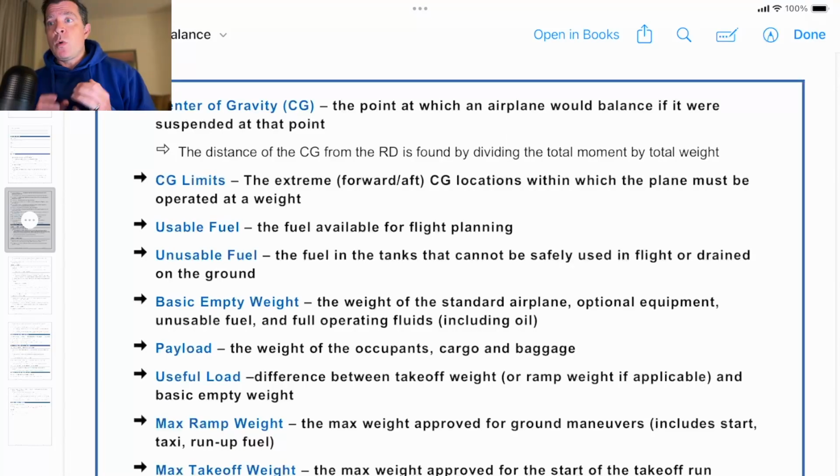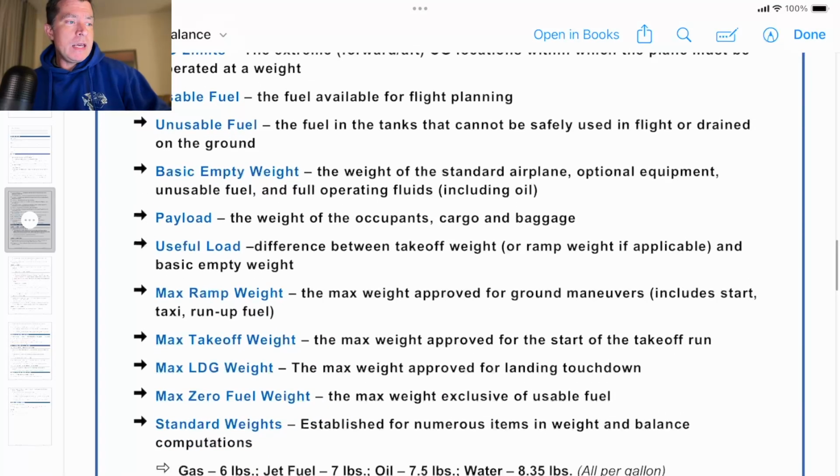Payload is the weight of all the occupants, cargo, and baggage. The useful load is the difference between takeoff weight or ramp weight, if applicable, and the basic empty weight. That's how much cargo, fuel, and all of it you can hold. Max ramp weight is the max weight approved for ground maneuvers.